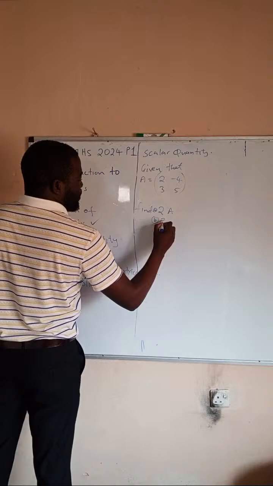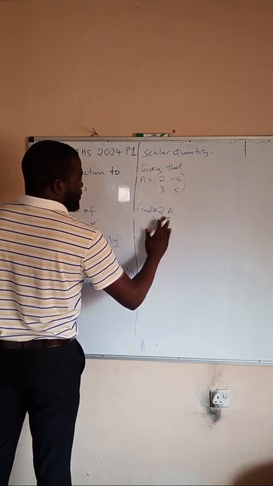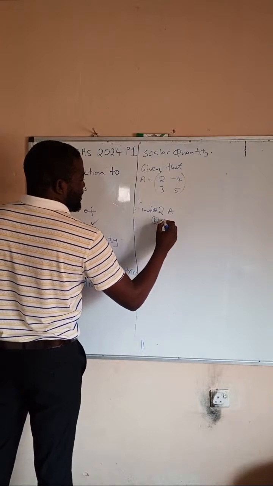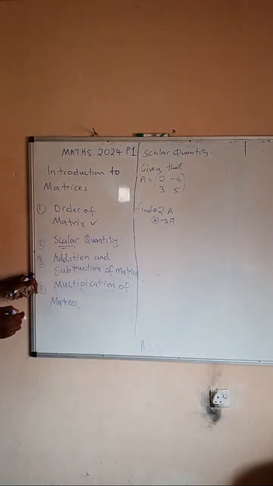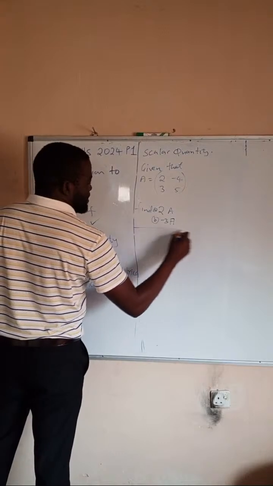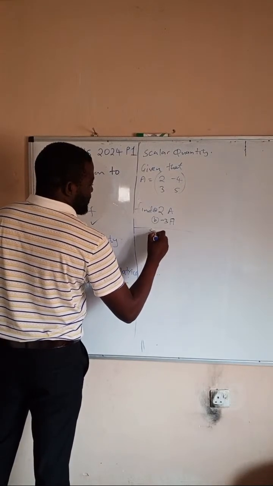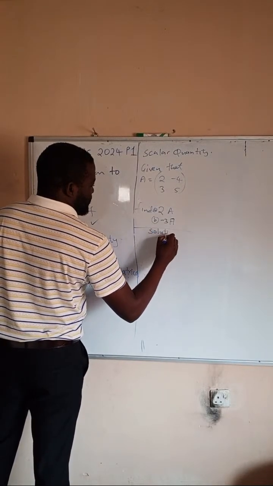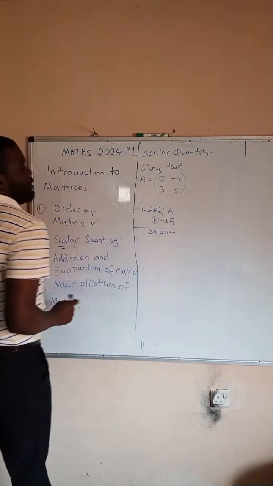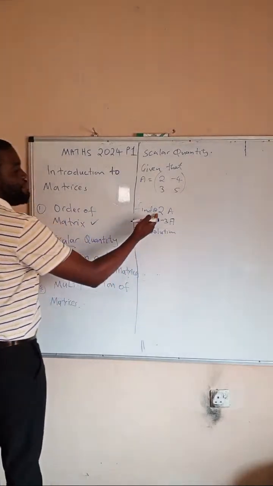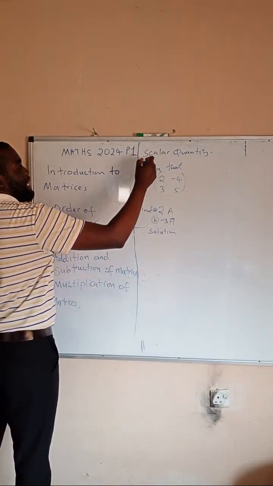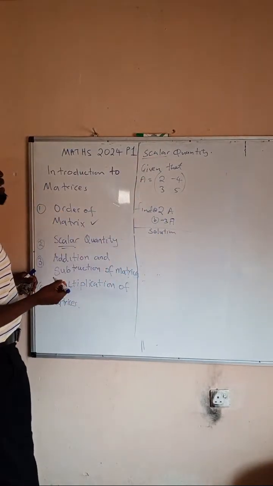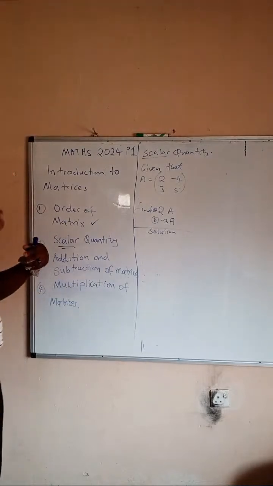So solve question 1 first. Solution. This number in front of A is called a scalar. That's where the word scalar comes from. A scalar quantity is a number by which the matrix is multiplied.